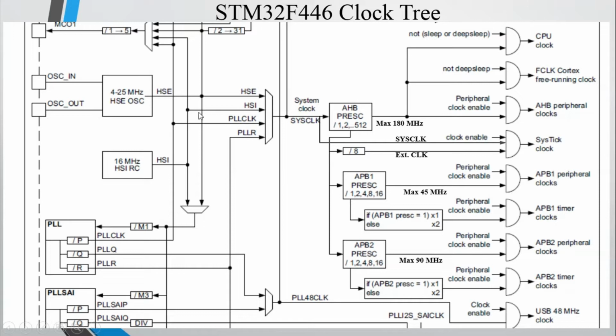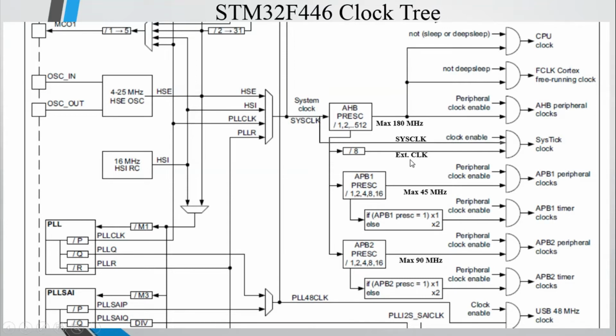For the time being, if you select HSI as the input, what will happen? 16 megahertz HSI will be connected to the system clock. Yesterday we saw the system tick timer. From where does the system tick timer get the clock? It can take the clock directly from the system clock or from an external clock.